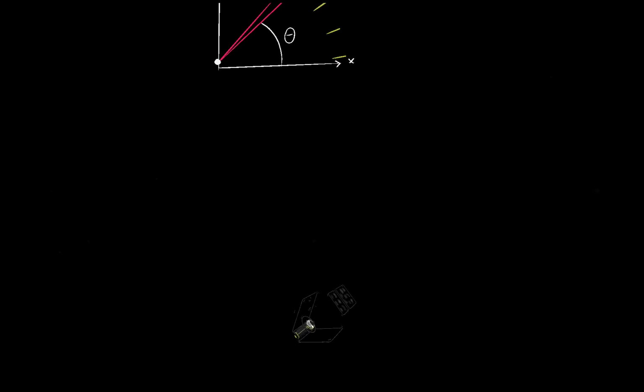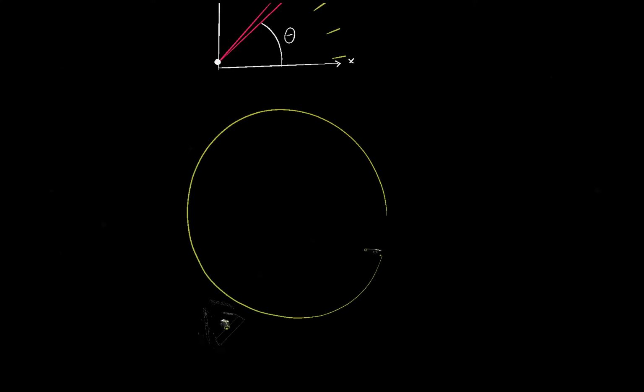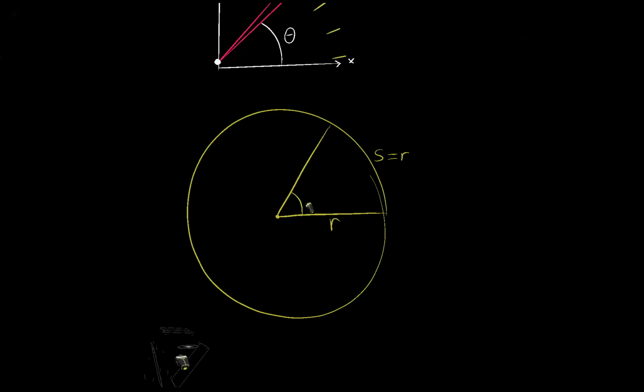So, if we have a circle, and here's the center here, here, and here. So if this is R, same with this, and this is S, S is equal to R when this angle is 1 radian, 1 rad.